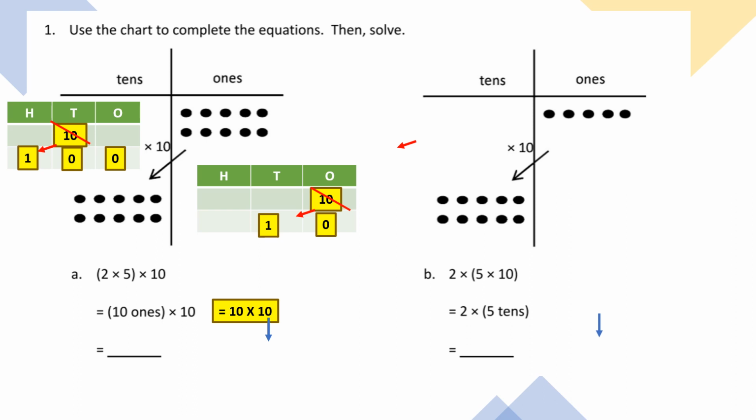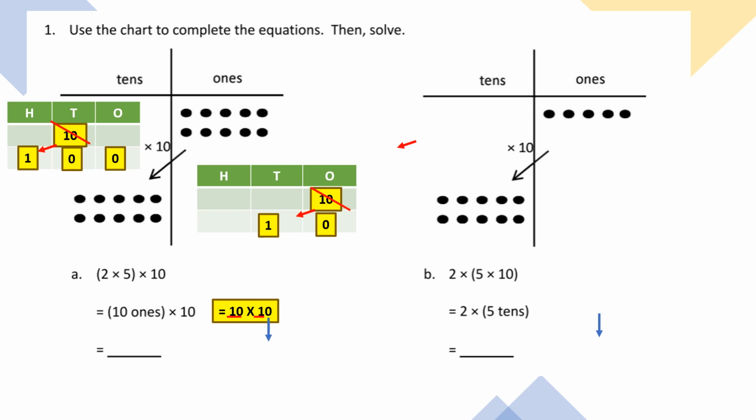Okay, now, if you don't know off the top of your head the solution for 10 times 10, that's okay. I'll show you a little trick. You take the first number, which is 10, and you multiply it times the first digit in the multiple of 10, which so happens to be, for this problem, 1.